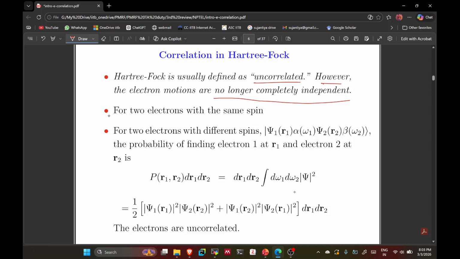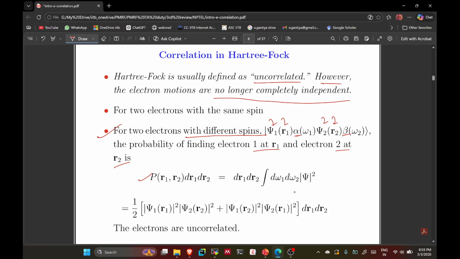So let's see the things. For two electrons with different spins, we have two electrons at R1 and R2, in two different orbitals, psi1 and psi2, and their spins are different: one has an alpha spin and one has a beta spin. The probability of finding electron 1 at R1 and electron 2 at R2 is given by this probability times dr1 dr2.